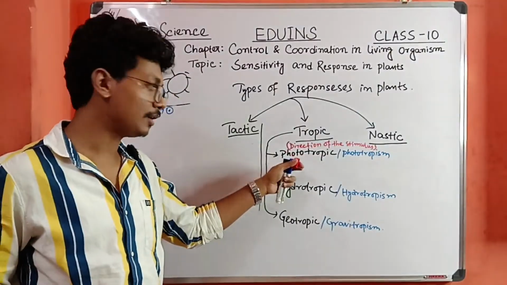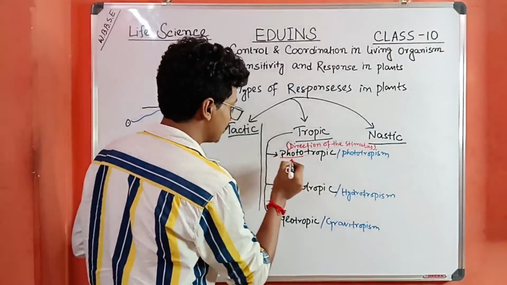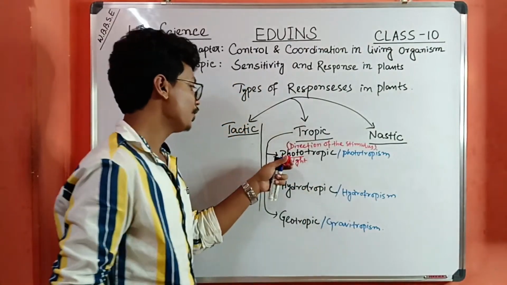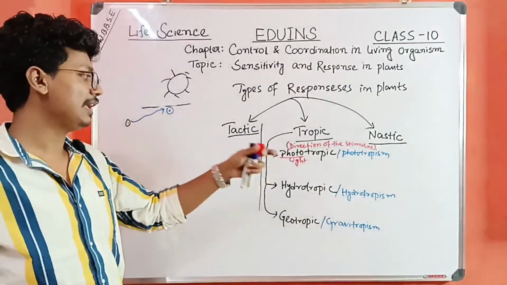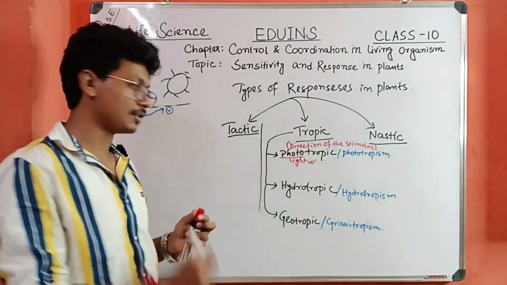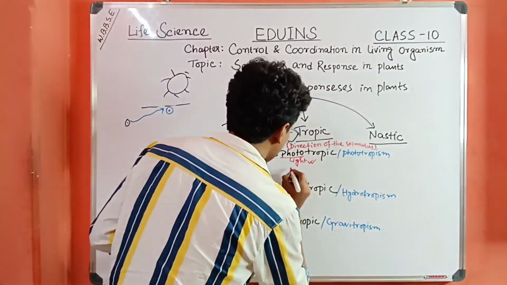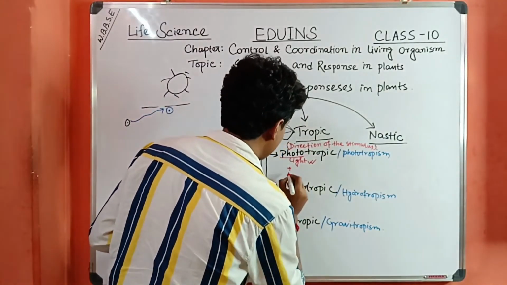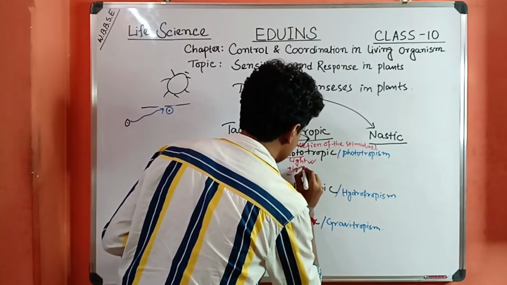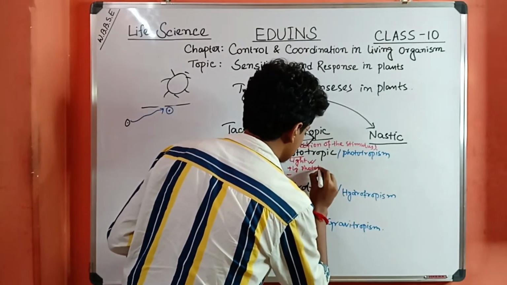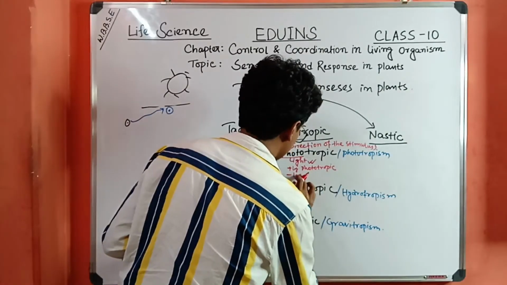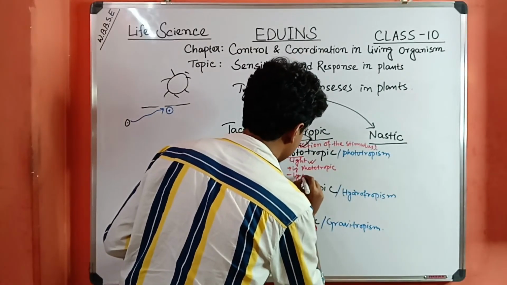What is phototropic? We know photo means light. So the movement according to the light, and the stimulus is the light. There are two types of phototropism observed in plants, that is positively phototropic and negatively phototropic.